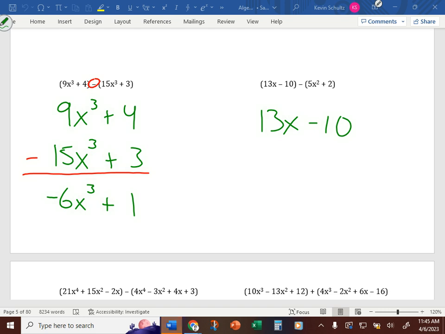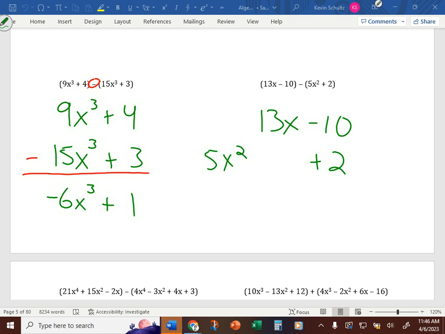When I write my second expression, I've got to put my 5x squared out in front over here, kind of its own column. Okay, because it can't be combined with the x's, it can't be combined with the 10s, it's got its own column over here. And then, because my second expression doesn't have an x term, I leave an empty space, and my positive 2 is aligned with my constant. Okay?